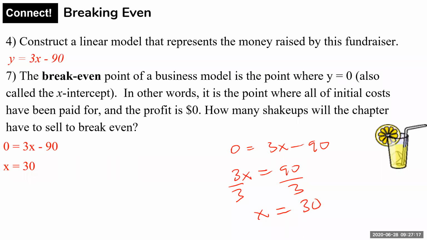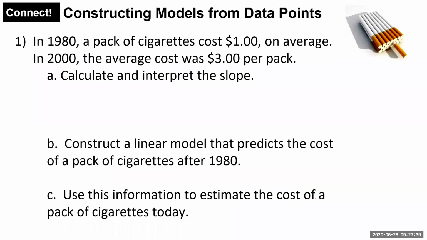So the chapter needs to sell 30 shakeups for them to break even and to get their $90 investment back. Is that okay? So after 30 shakeups, whatever they sell now will be a profit. And this is what break-even point is all about.